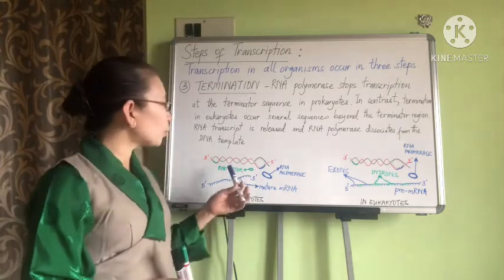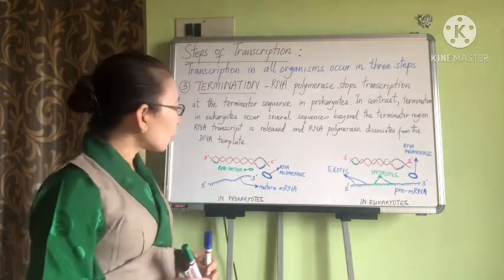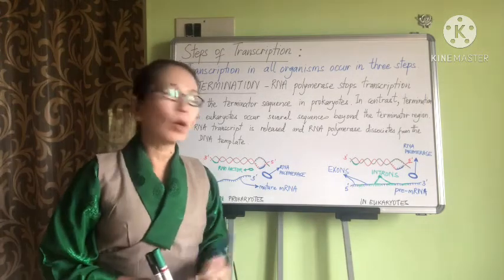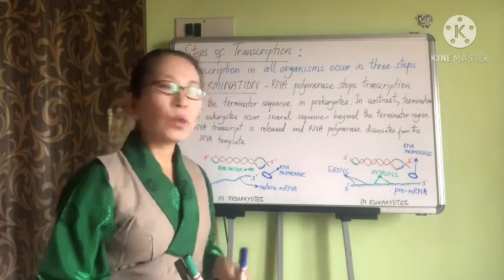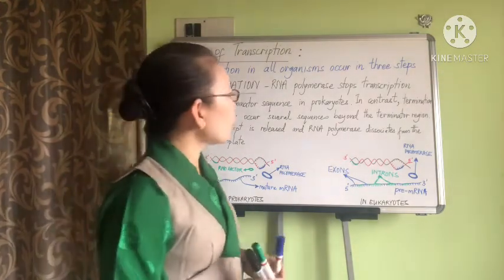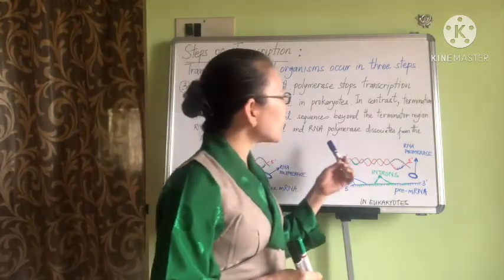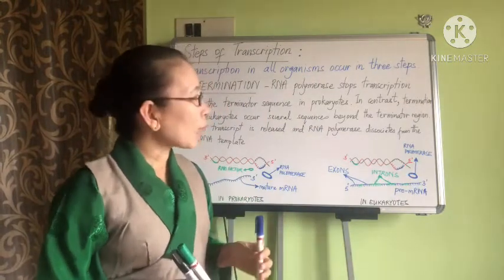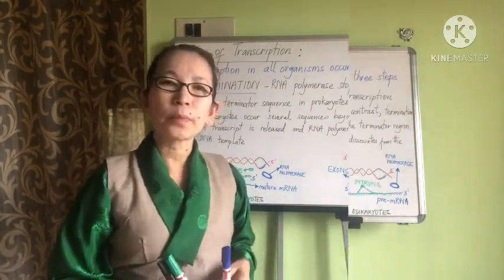Binding of the Rho factor destabilizes the entire complex and causes the release of the RNA transcript and the dissociation of RNA polymerase from the DNA template. In contrast, in eukaryotes, termination of transcription occurs several sequences beyond the terminator region, and the exact mechanism is still not clear.